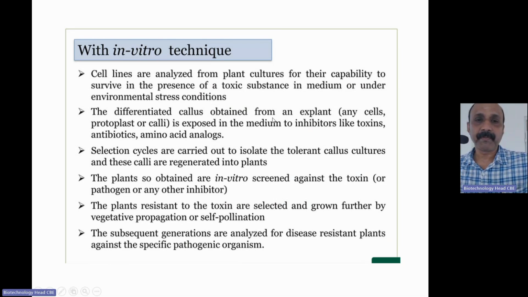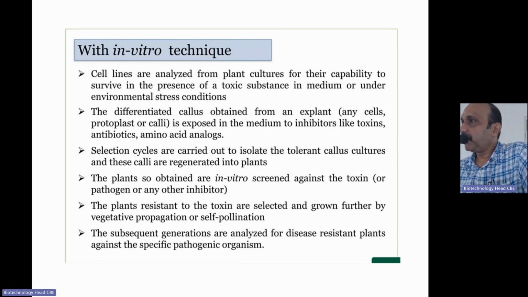So select those cultures. You take the explants and expose them to the medium containing inhibitors, toxins, antibiotics, herbicides, or amino acid analogs, and you go through several selection cycles. Even within the first cycle, you will not get these cultures, right? It takes repeated exposure. How do bacteria get antibiotic resistance? Repeated exposure of bacteria to antibiotics gives rise to antibiotic resistance.